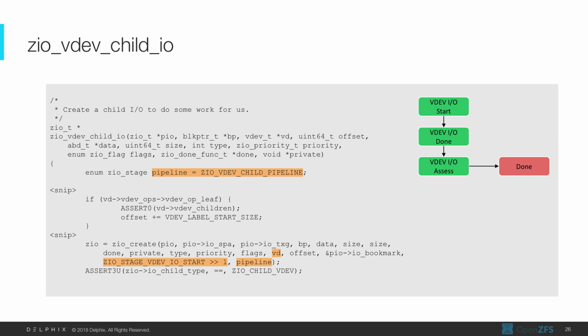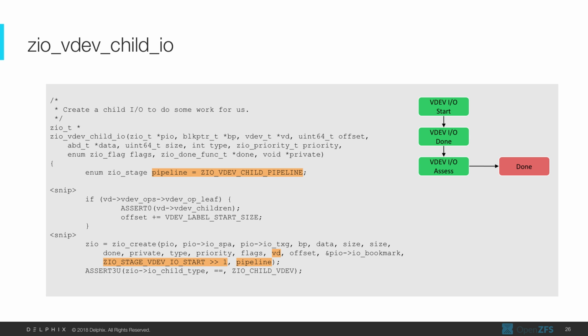So again, kind of a powerful thing for ZIO create that I can specify where I start the pipeline. So I can insert an IO in the middle. Don't highly recommend it, but you can do this. There might be special needs that you have where you're like, I want to be able to create an IO that starts at DVA allocate because I'm doing something funky. But it has that capability.